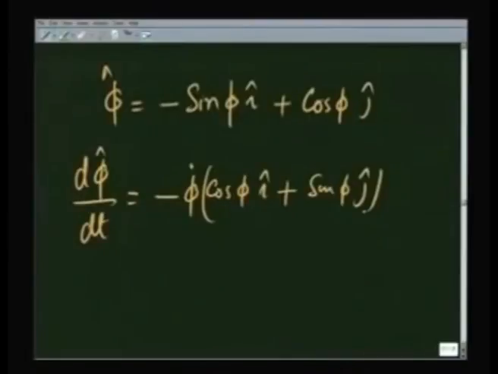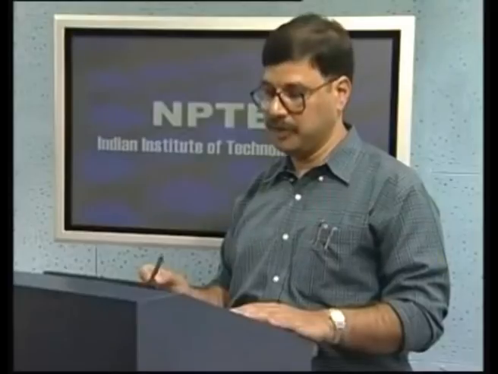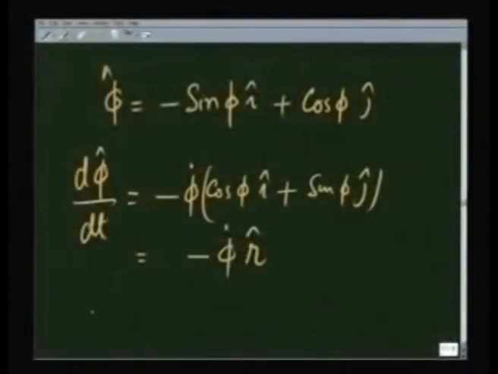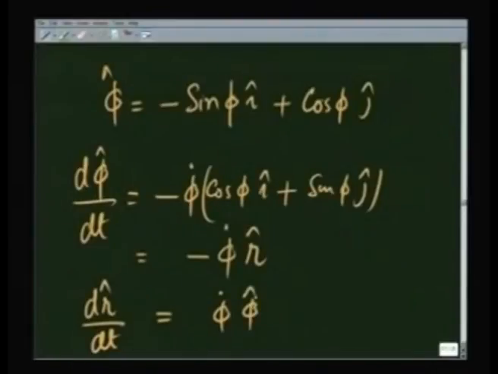I left the steps in between because I have already worked them out, and this is minus phi dot r unit vector, which gives the same answer as the geometrical argument. So, now we have both dr/dt and d phi/dt. dr/dt, you recall, was equal to phi dot in the phi direction, and therefore, I can write an expression for the acceleration in planar polar coordinates.